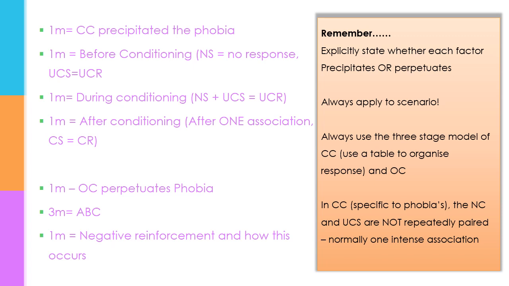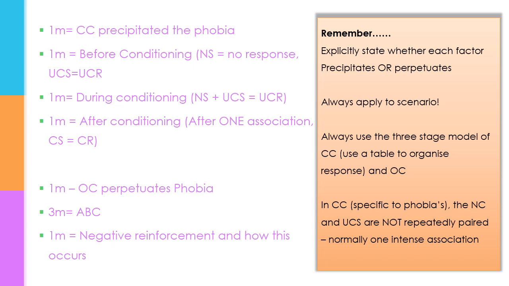So as we can see, we can really break this down into classical conditioning and operant conditioning, okay? Now, we know that classical conditioning precipitates a phobia. Always make sure that you say that. And we also want to talk about the three-phase model. So make sure you're breaking it down using the structure that you see here: before, during, and after, okay?